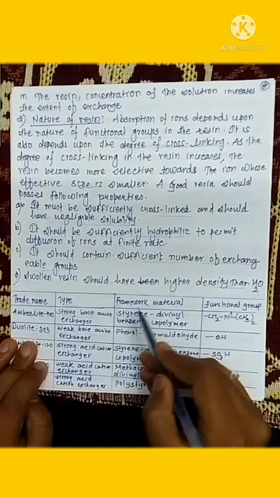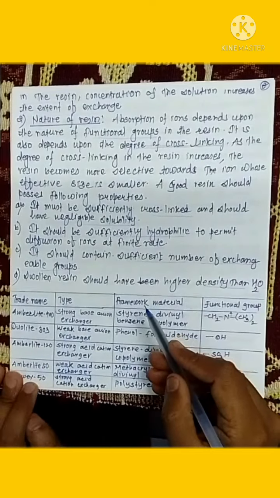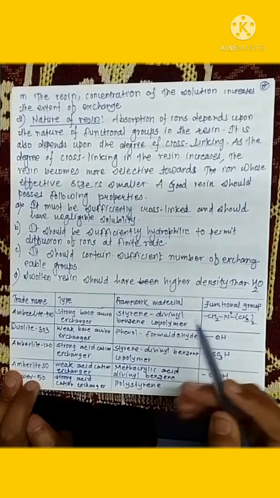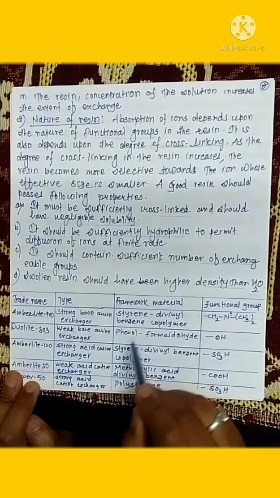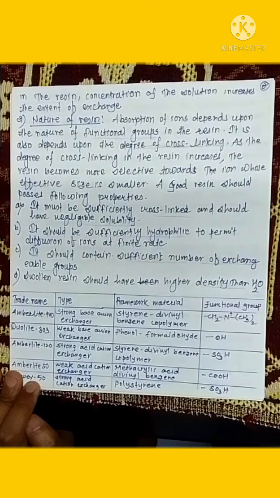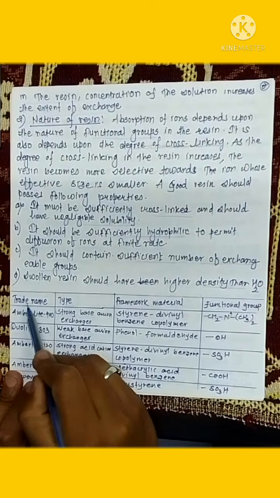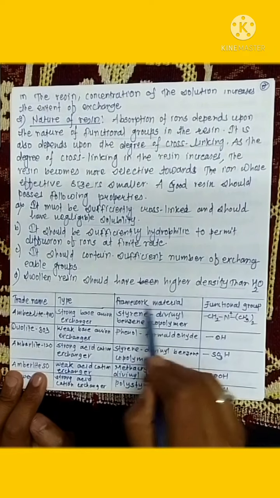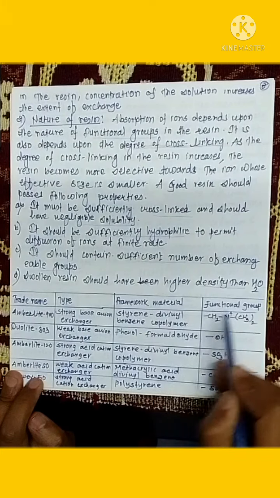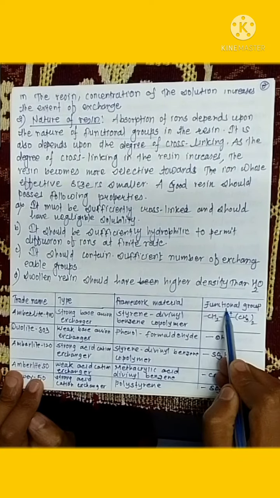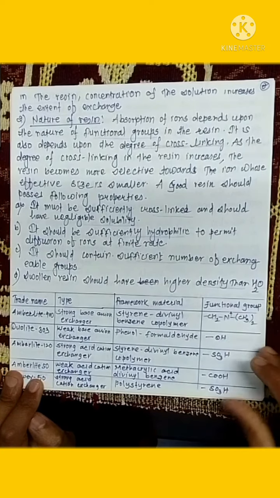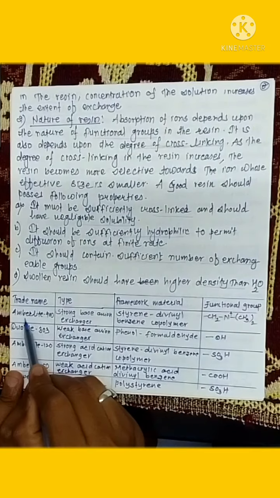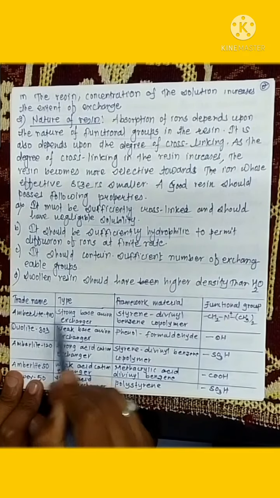This is the table with some resin names, their framework material, and which type of functional group is present in that resin. The first column is trade name, second is type of resin, third is framework material, and fourth is which type of functional group is present in the resin. The trade name of the resin is Amberlite 400.